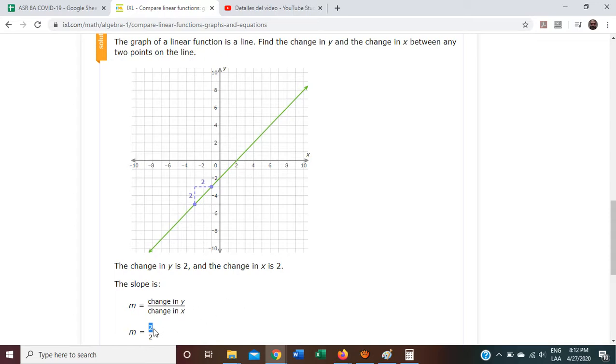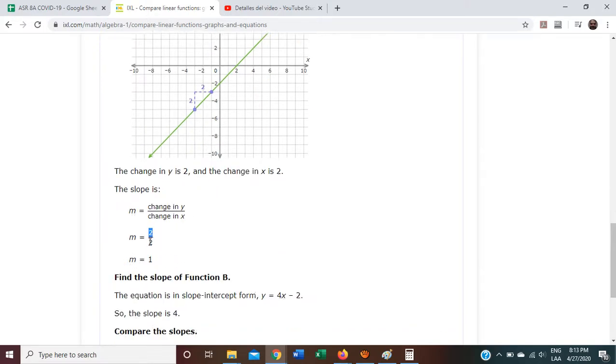That's why we have these 2. Now we do the same for the x. In this point, what is the value of x? The value of x is -1, and in this point the value of x is -3. So from -1 to -3 there is a difference of 2. Okay, so there is another 2. We do the operation, 2 divided by 2 equals 1.